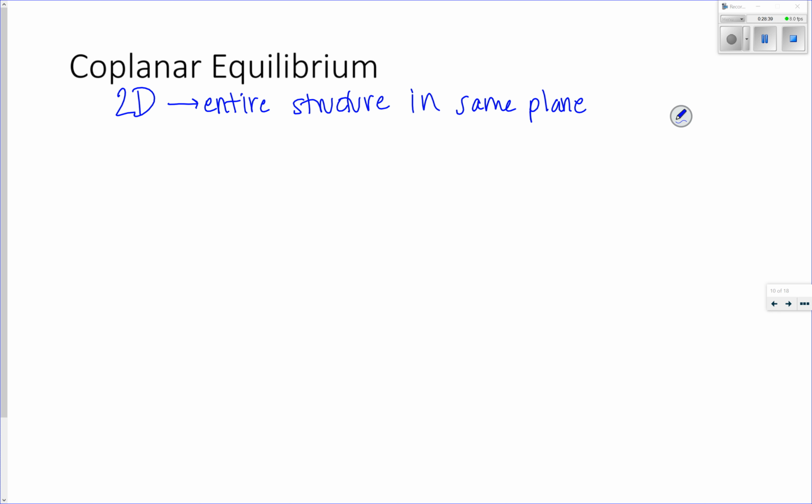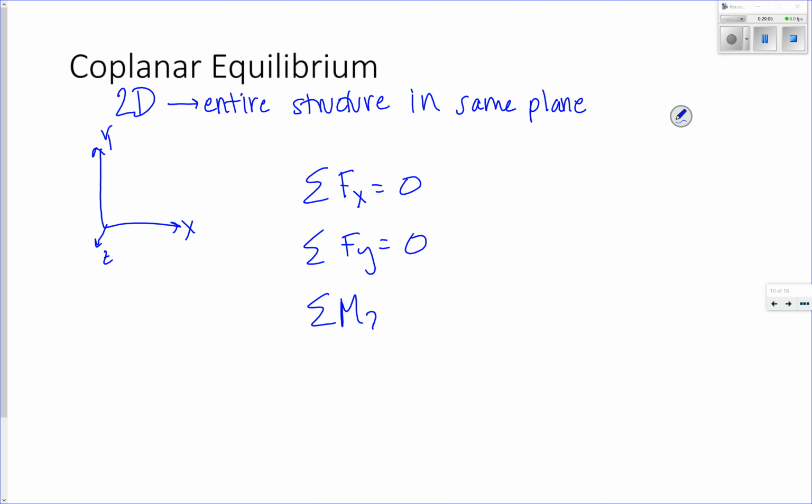So in 2D we have X and Y, and then Z is in and out of the page. So my governing equations reduce to the sum of the forces in X, the sum of the forces in Y, and the sum of the moments about Z.